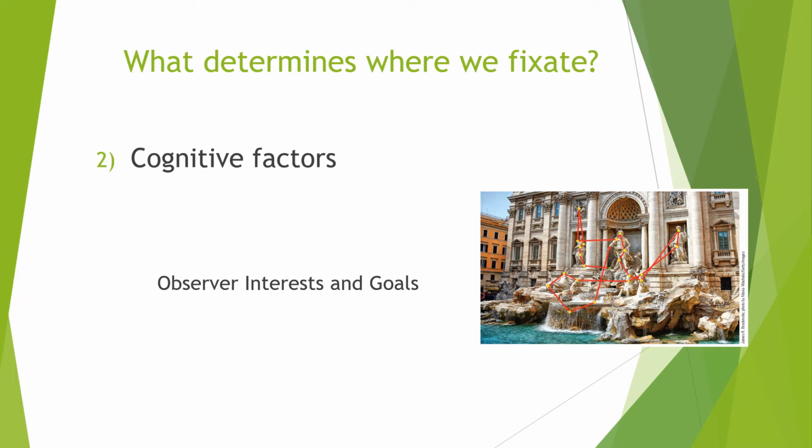But as you can imagine, if my interests were different, if I instead were a student of architecture, I might instead be looking more at the windows and the roof and different aspects of architecture instead of looking at this water fixture and these statues.